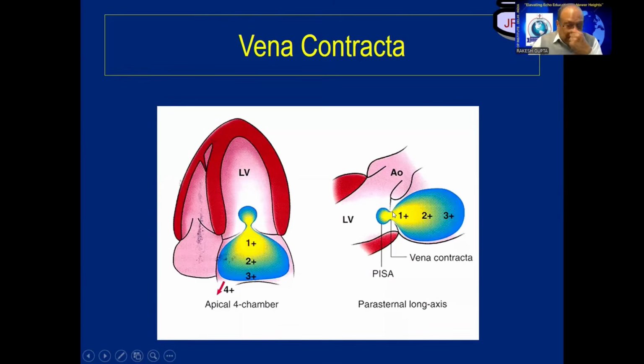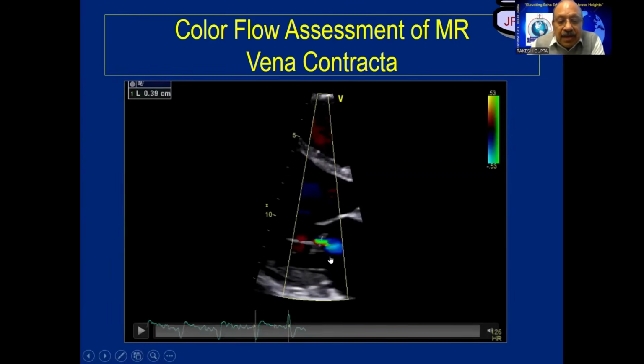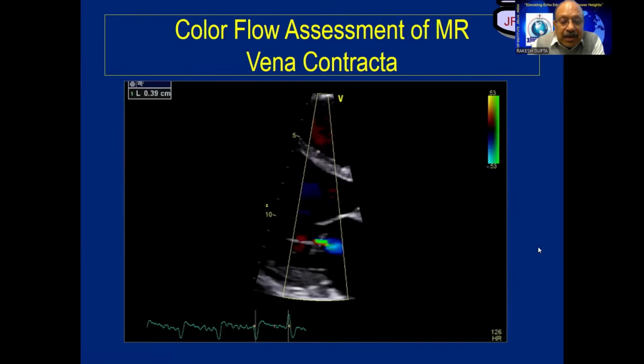And what do we do? We look at the distance through which the MR jet is happening between the two mitral leaflets, the neck of these two leaflets. Let me show this picture over here. Now, look, this patient is in mid or end systole.